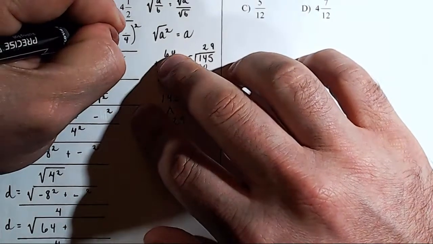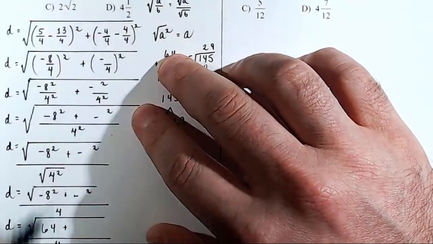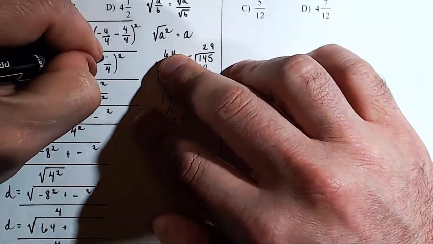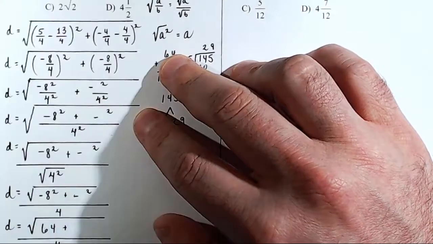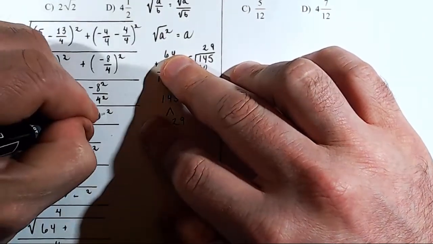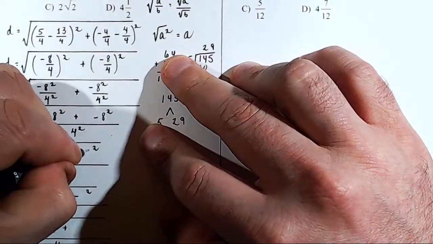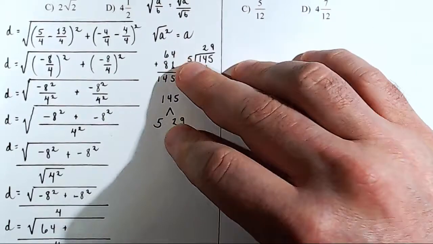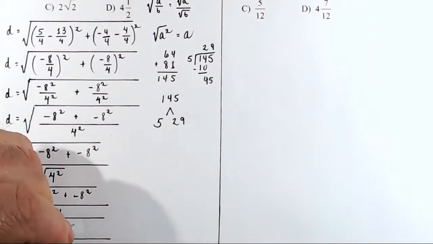This should have been 4. And that means that negative 4 minus 4 is negative 8. And this is negative 8, and this is negative 8, and this is negative 8. All right. So this should have been 64 plus 64.